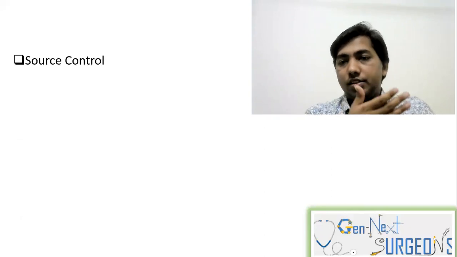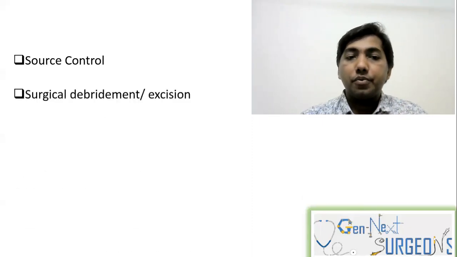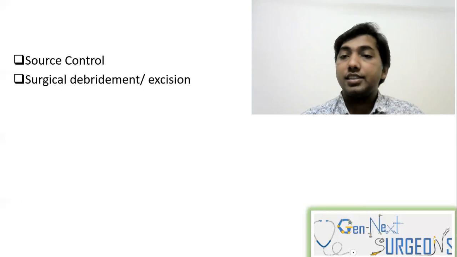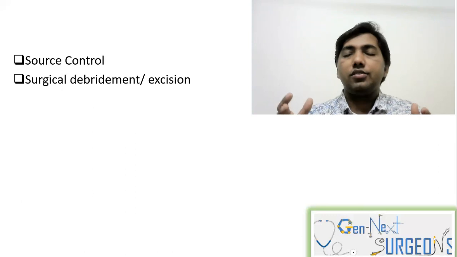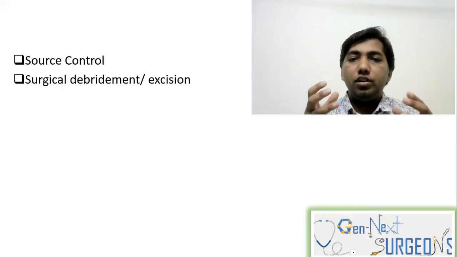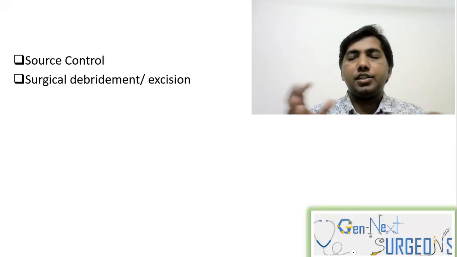And we have to control the source. In our first scenario, there was a wound infection, so we have to control the infection. In the second question, there was Fournier's gangrene, so we have to surgically debride or surgically excise that. Debridement means we remove all dead and devitalized tissue.